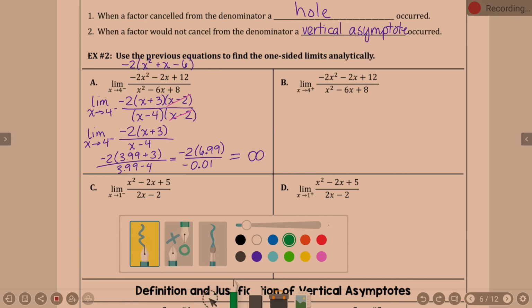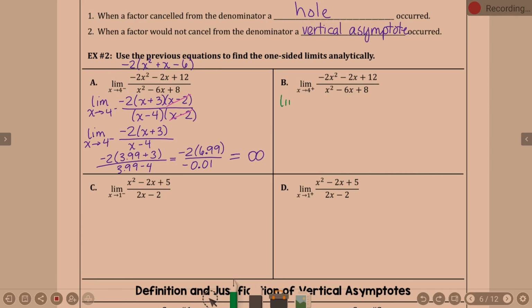Now, I'm going to jump to, this is the same equation, right? It's just from the right. So I'm going to jump to our factored, canceled form of -2 times x plus 3 over x minus 4. You can see the same thing's going to happen. We can't just plug in 4.